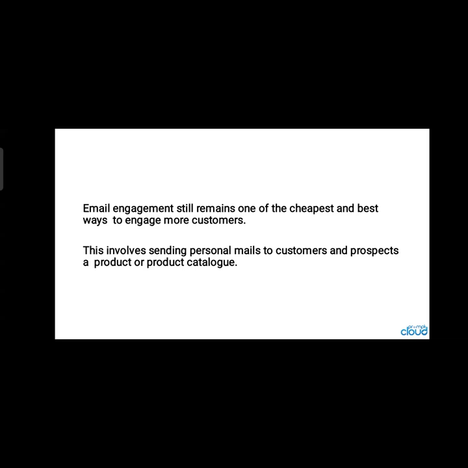When you open your email page after typing your user ID and password, what are the contents on that email page? There's one mail category which is relevant with email engagement.